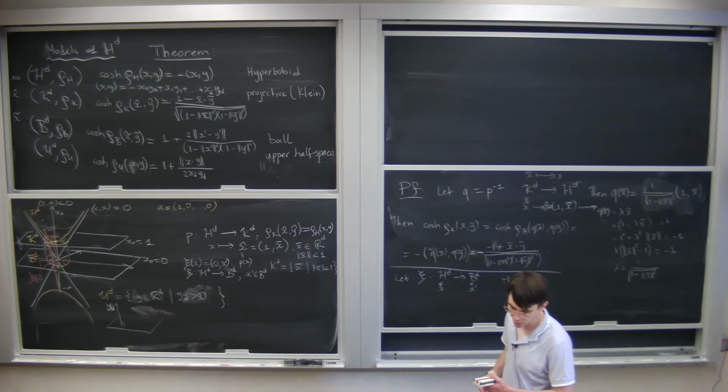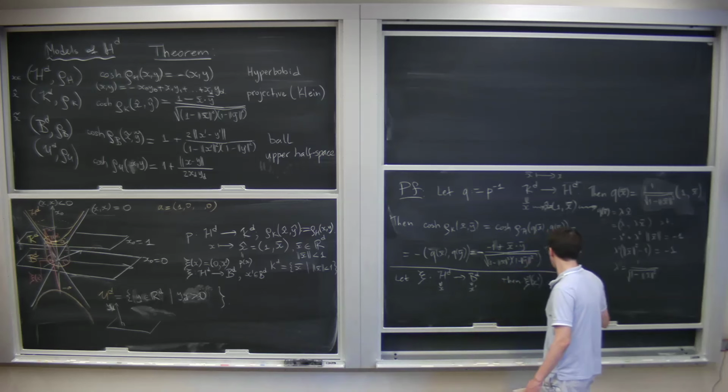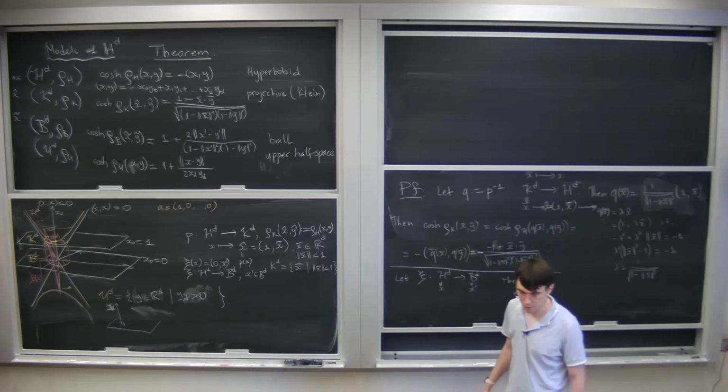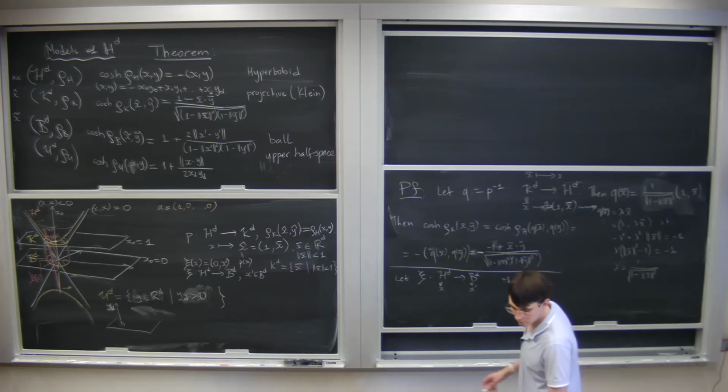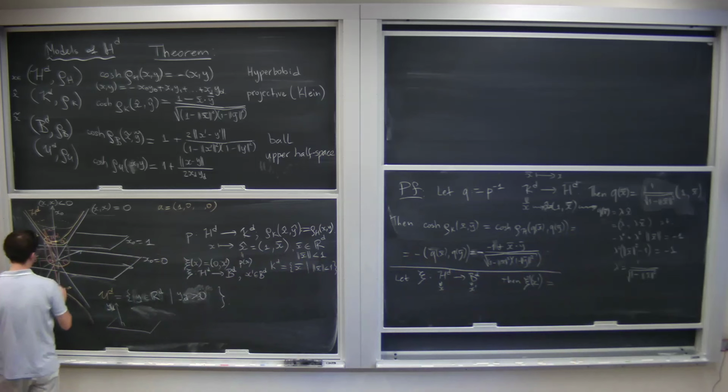Again, I need to write down the vector, and I'm using these similar triangles, so it should be this vector.